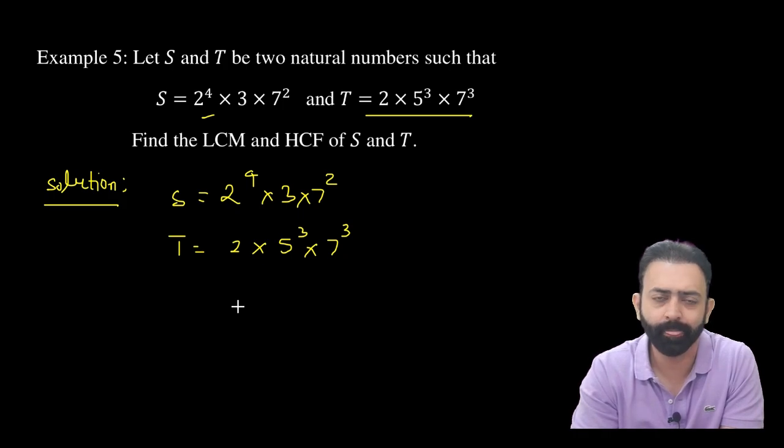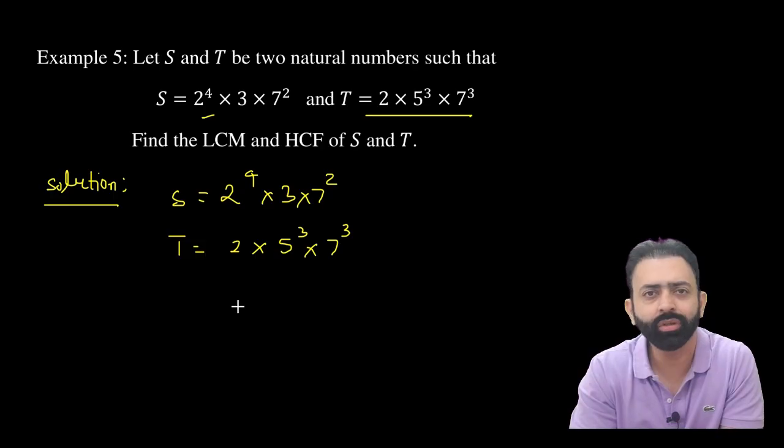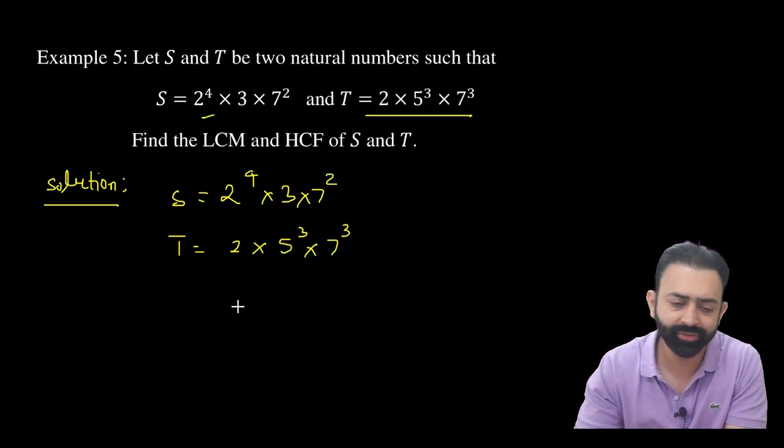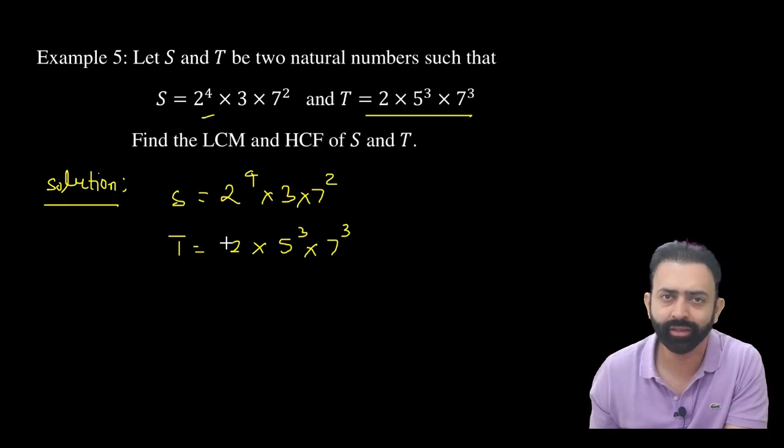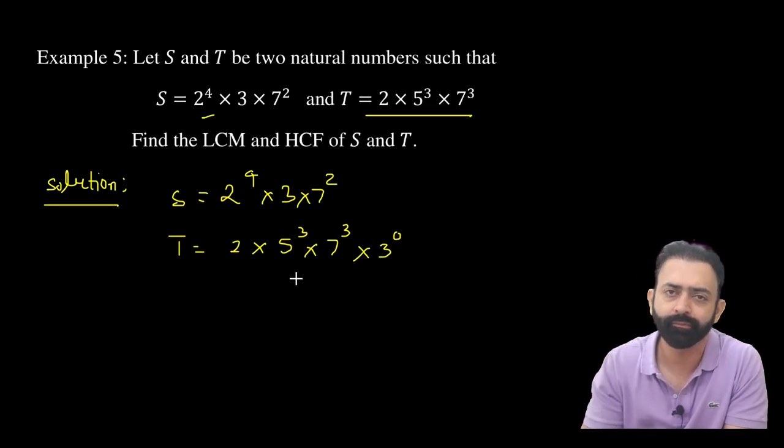Now right here, in order to find out the LCM, we need to include those factors also which are not common. Meaning, as we can see in s and t, 2 is there in s, 2 is there in t, so no need to add 2 raised to power 0. But the second prime factor, which is 3, is not in t, so we will include this as 3 raised to power 0.